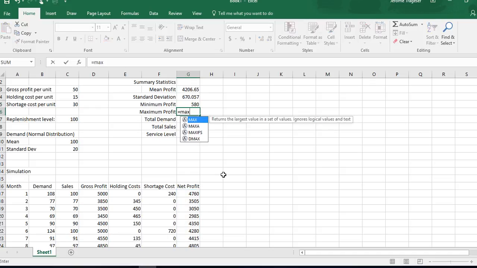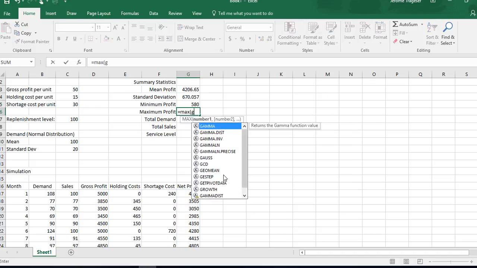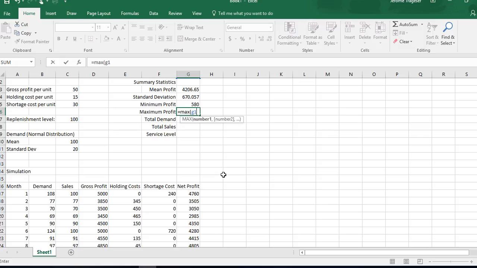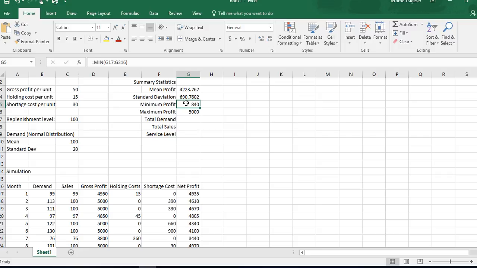Maximum profit is a max function. So we can see our minimum profit's $840. Our max profit is $5,000 with this particular simulation.